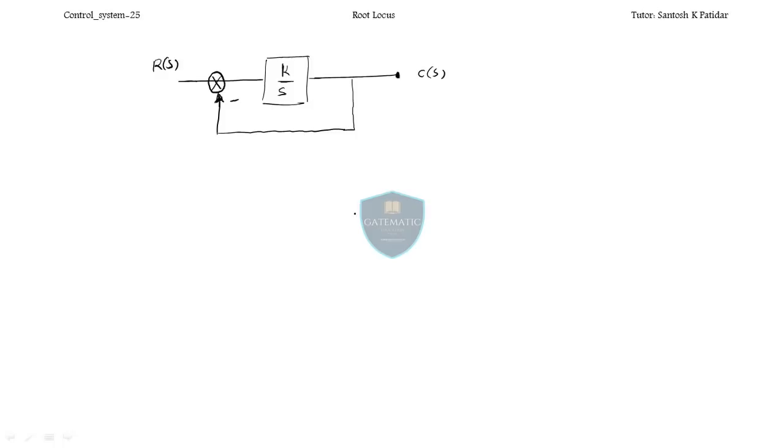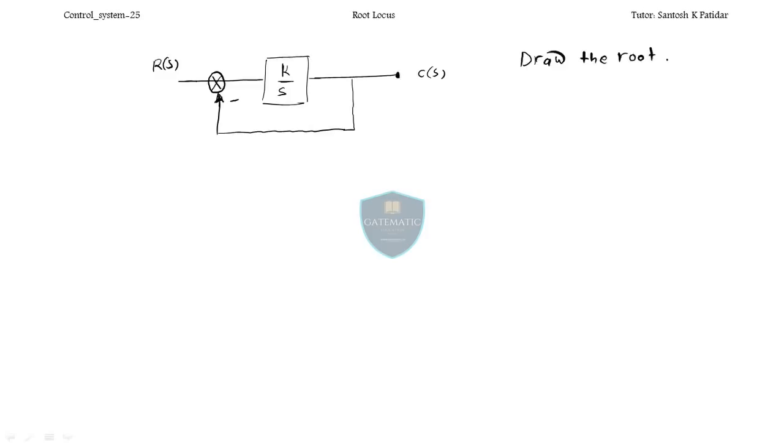Now what is the inside? So this is given over here, the first order system, type 1 system, isn't it? Now the question is, draw the root locus for the following system.